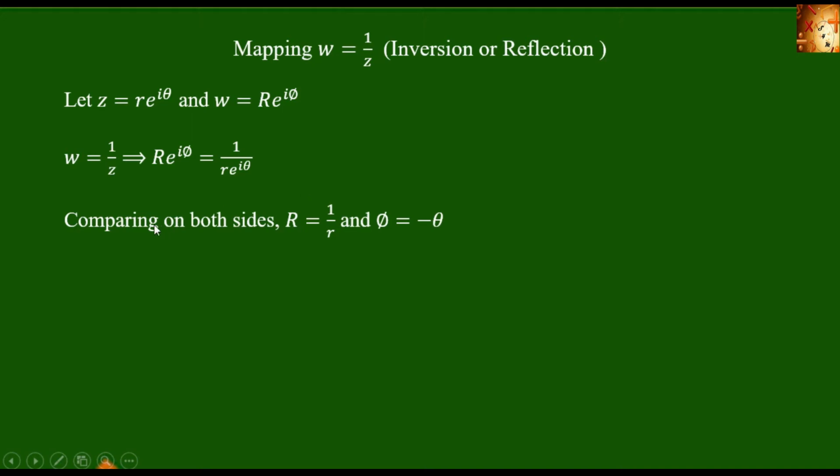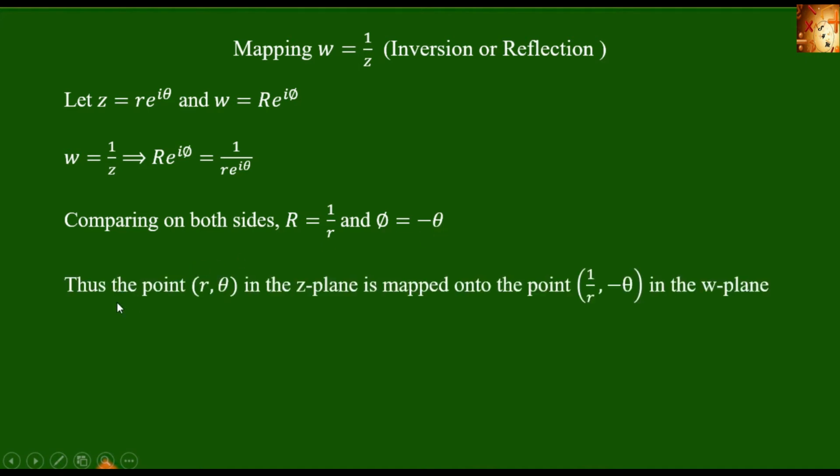Then comparing on both sides, we get in place of capital R it is 1 by r, and comparing the exponential we get phi equal to minus theta, that is 1 by e raised to i theta means e raised to minus i theta.